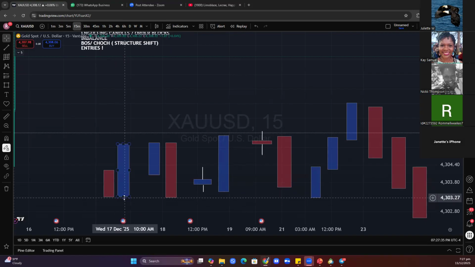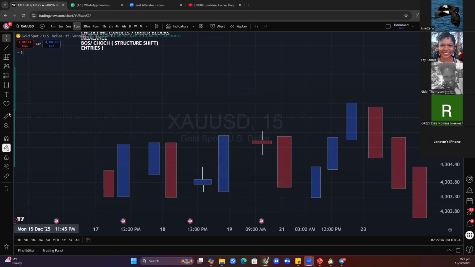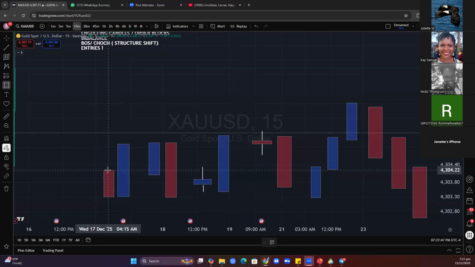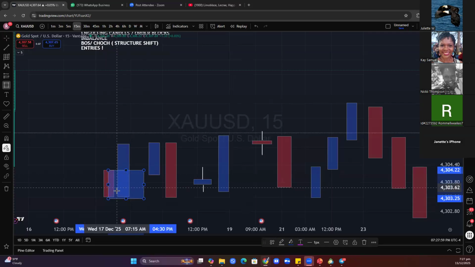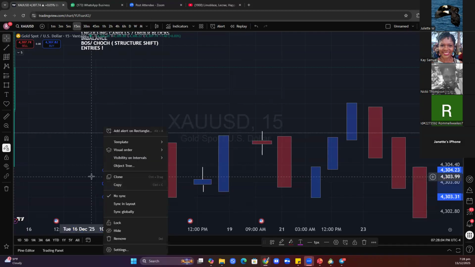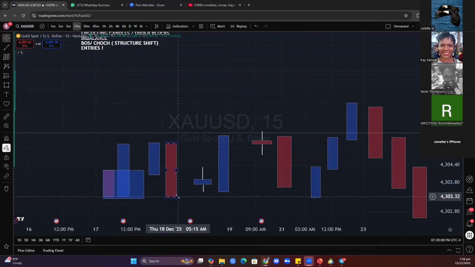And it would only be considered a valid engulfing candle if we took out the previous candle, right? It got to engulf something. So for us, this area from the top to the bottom, from the open to the close of that candle, has our attention, because that's where the momentum began.